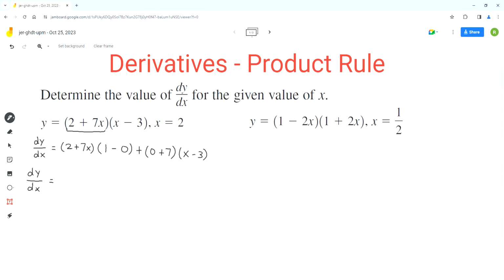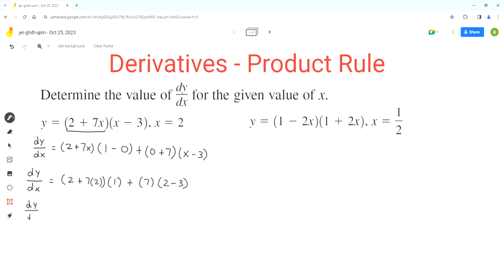So we get (2 plus 7 times 2), and then parentheses, 1 minus 0 is equal to 1, and then plus, 0 plus 7 is 7, and then we do 2 minus 3. Now we have to evaluate this expression.